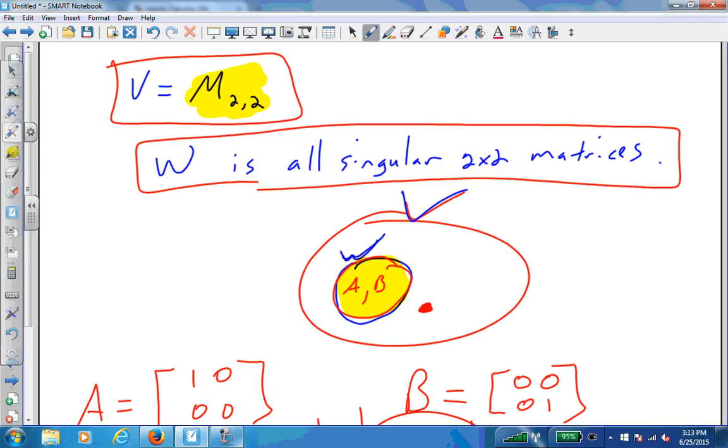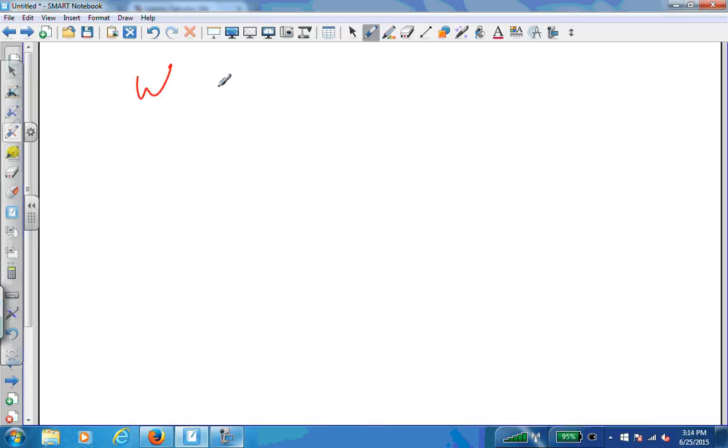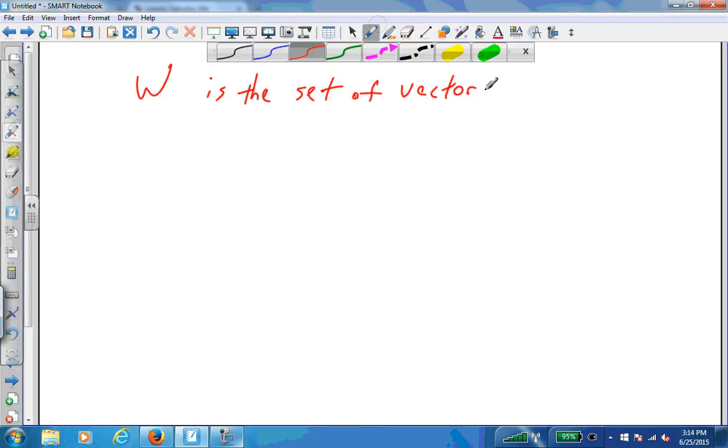Let's look at W, the set of vectors in R2.